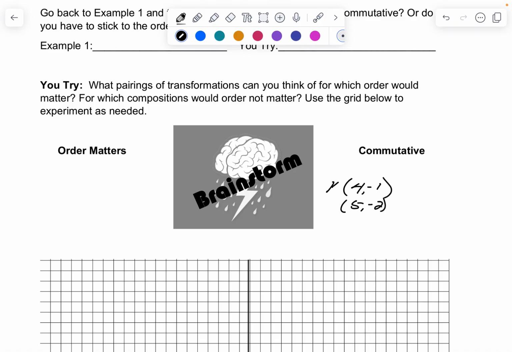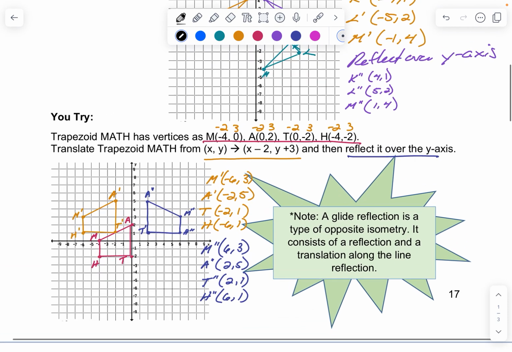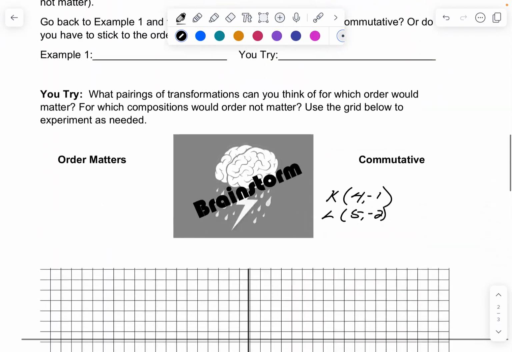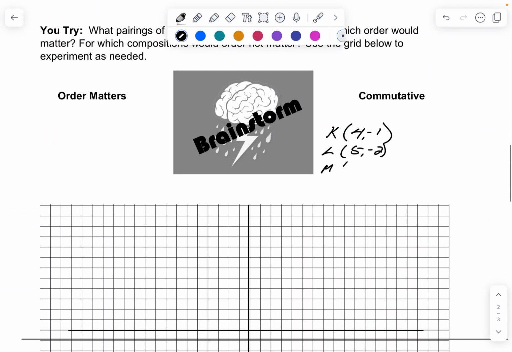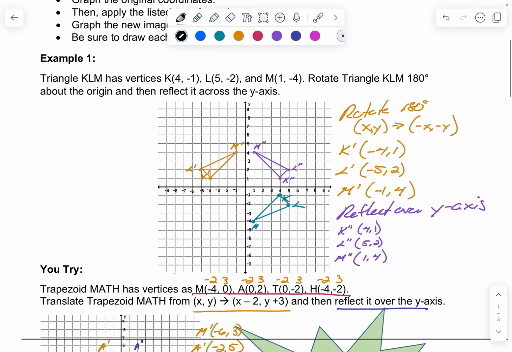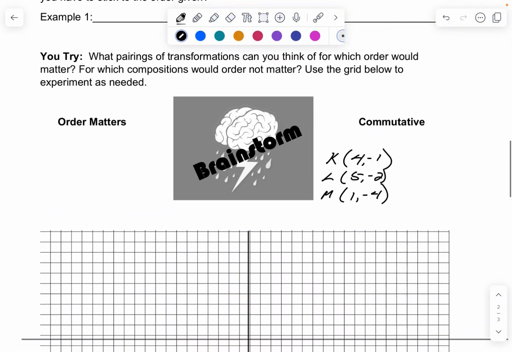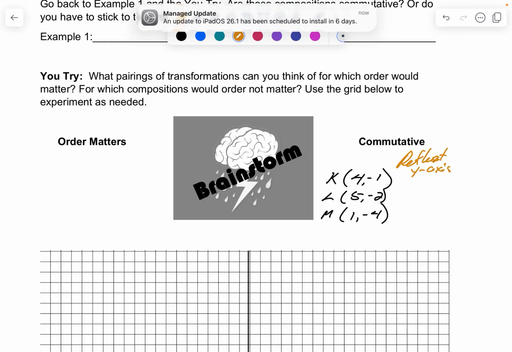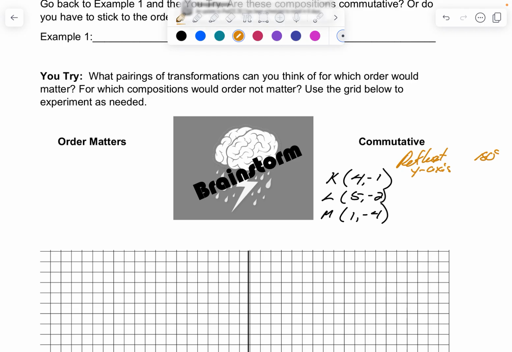And that was K and L. M, (1, -4). Okay, so what we're going to try, the opposite. We're going to reflect over the y-axis, and then do the 180 degrees rotation.